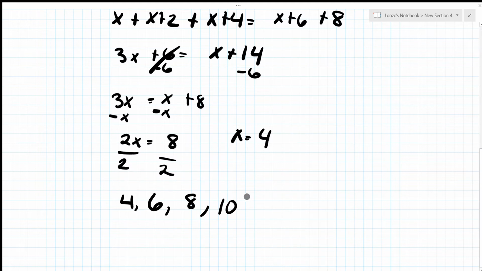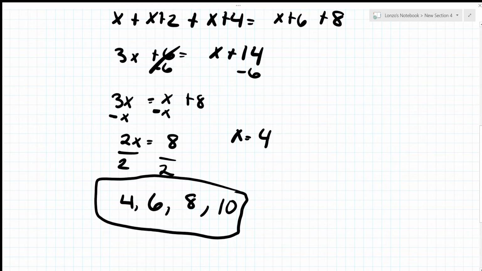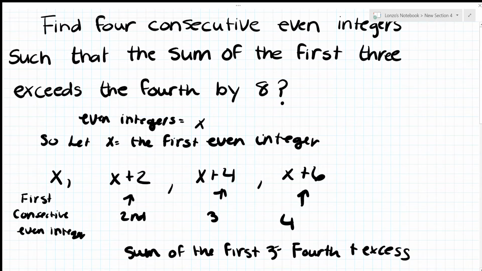So those are the four consecutive even integers, such that the sum of the first three exceeds the fourth by 8.